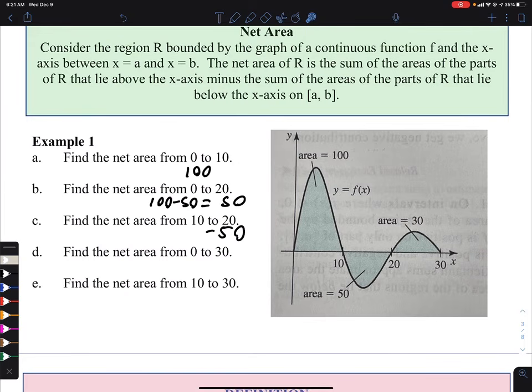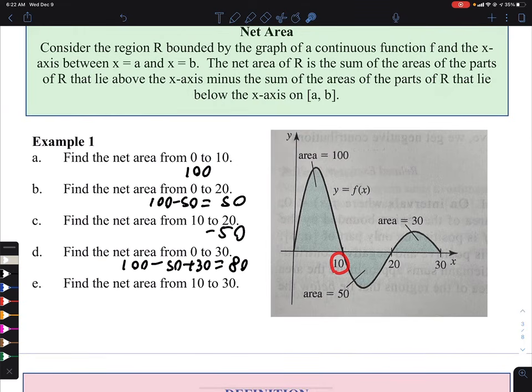0 to 30. Well, it's going to be 100 plus 30, 130 minus 50. And that should be 80. So it's going to be 100 minus 50 plus 30, which is 80. And the last one, 10 to 30.